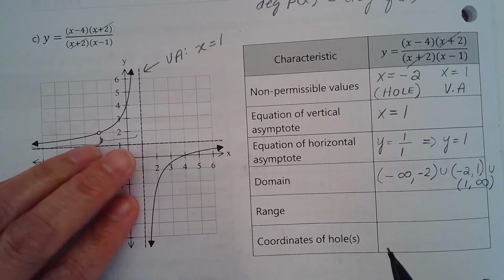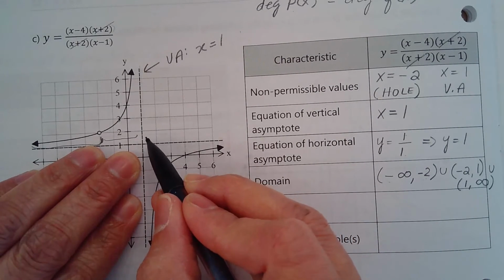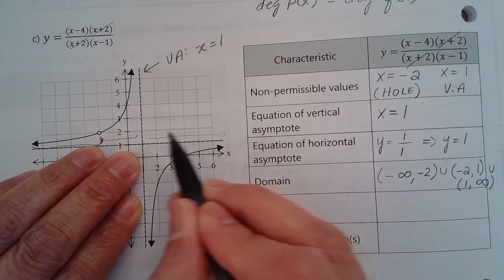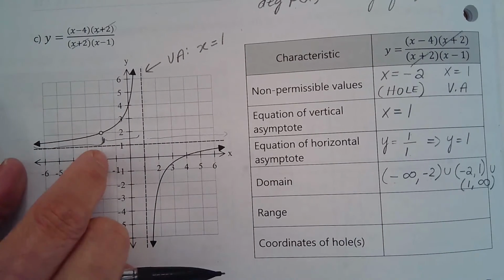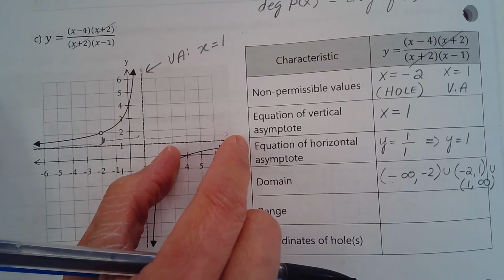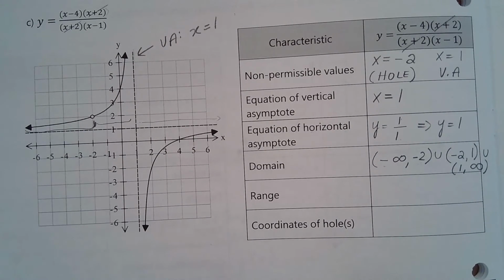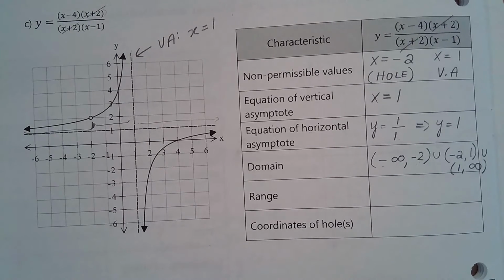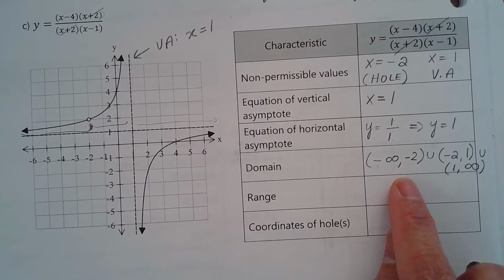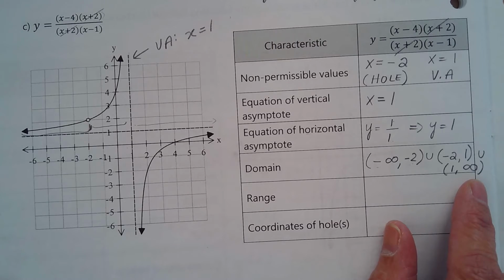And then the other part of the domain is from 1 to infinity. So this chunk up to that point, this chunk up to that point, and then this chunk up to infinity. So the domain is any x values except negative 2 and positive 1. Those are the non-permissible values.